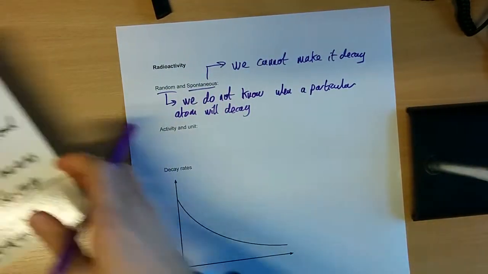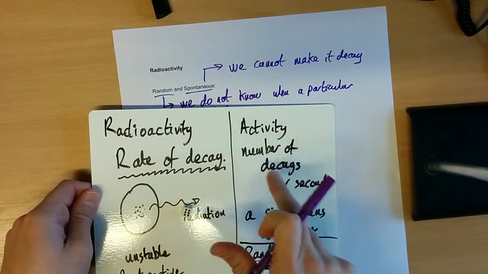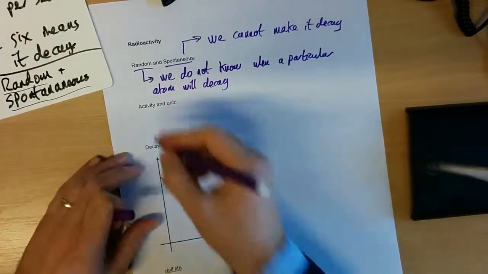Now the other thing I defined was activity. It is the number of decays per second.